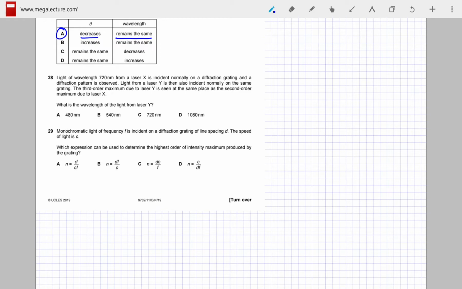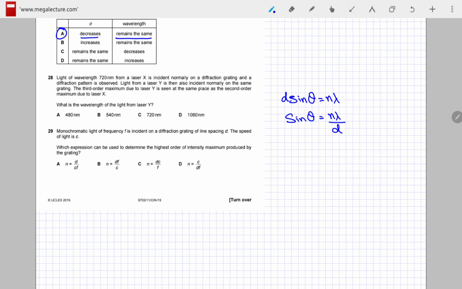So we know an expression for the diffraction grating, right? It is d sine theta is equal to n lambda, and we will rearrange this so that sine theta is equal to n lambda over d.